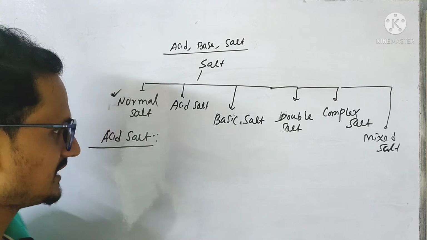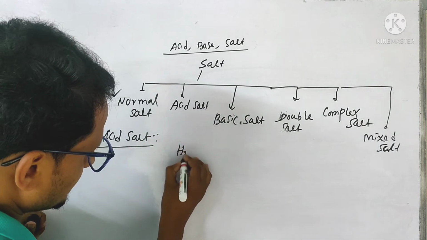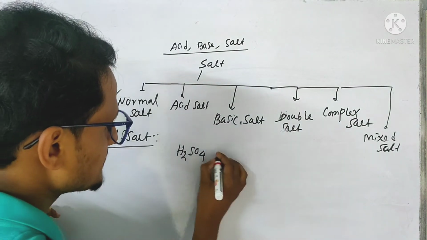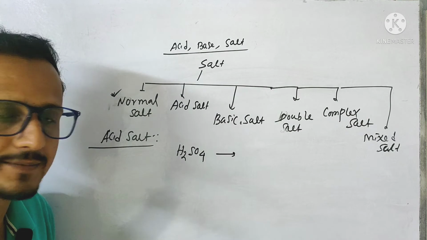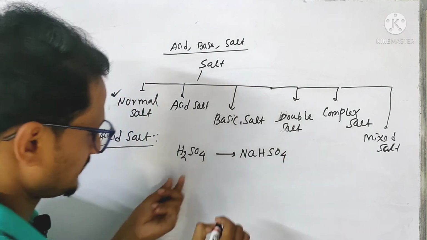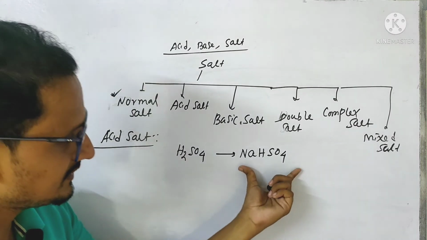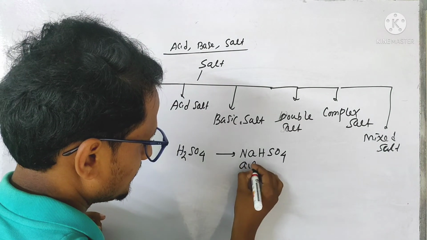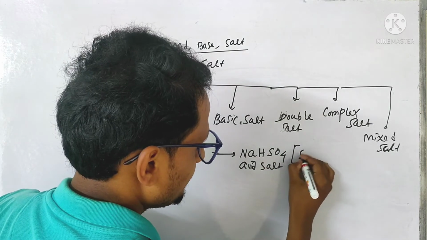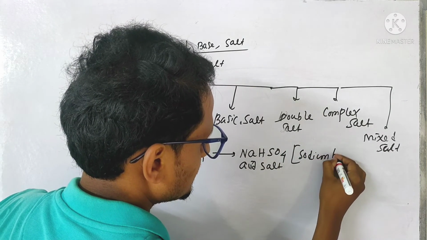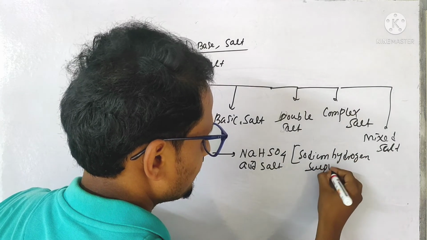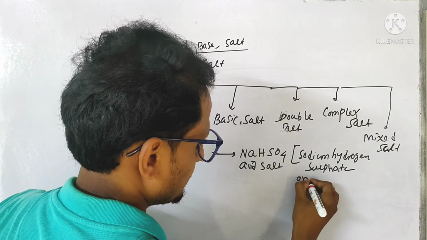Say sulfuric acid. It has two hydrogens, two H plus ions. If only one of the H plus ions is replaced by sodium, then this salt is called an acid salt. The name would be sodium hydrogen sulfate, or sodium bisulfate.